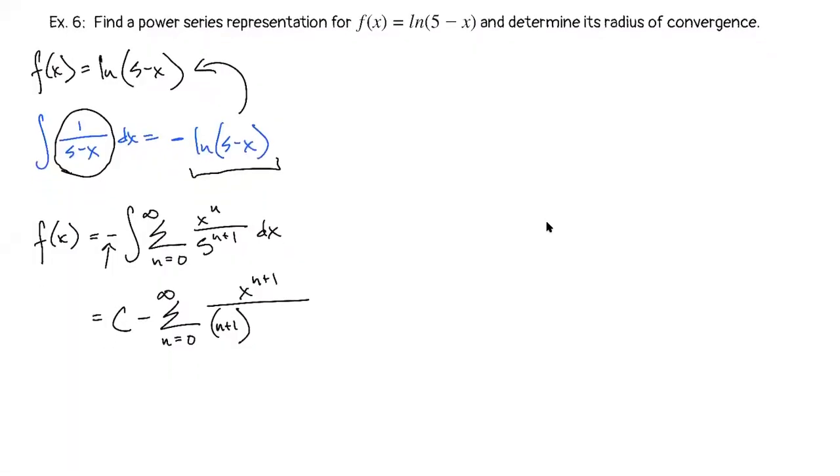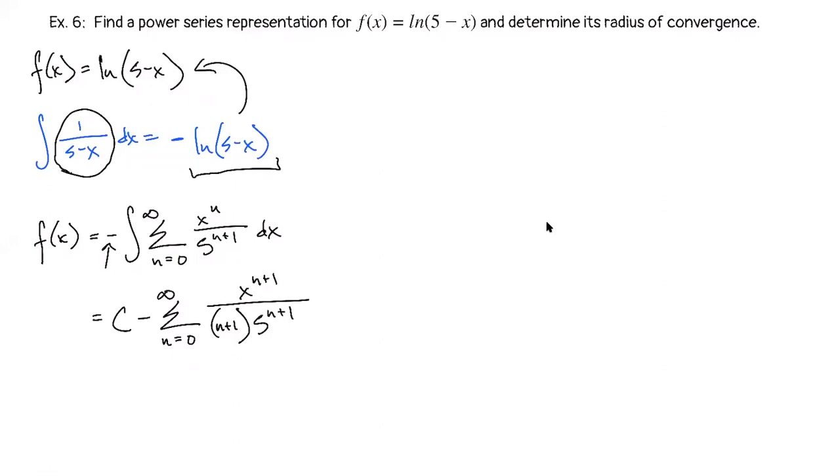Okay, sorry about that. So we've got our x to the n plus 1, and then we have the n plus 1 on the bottom because that's our power rule. But that 5 to the n plus 1 has to stay because that's part of the constant, or that coefficient that we have there, okay?